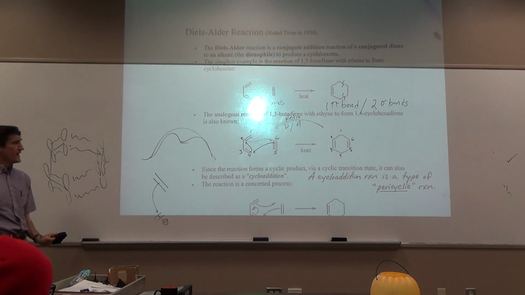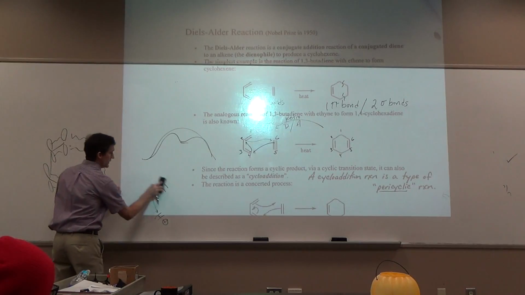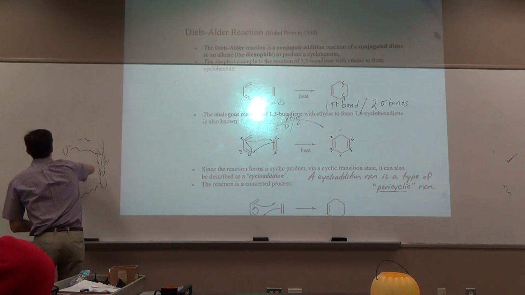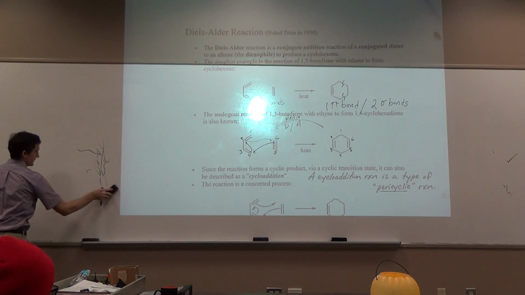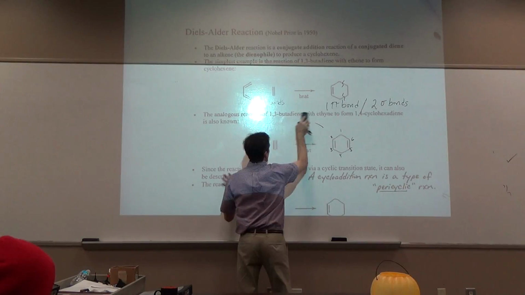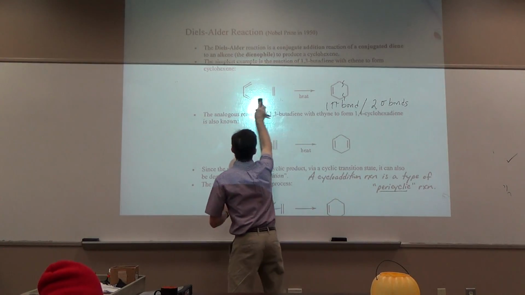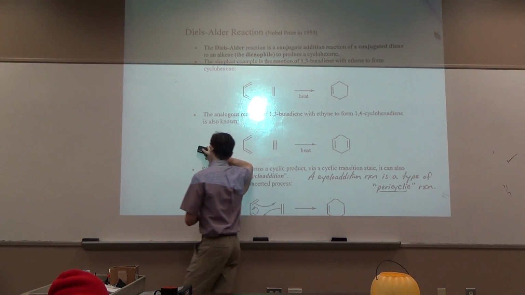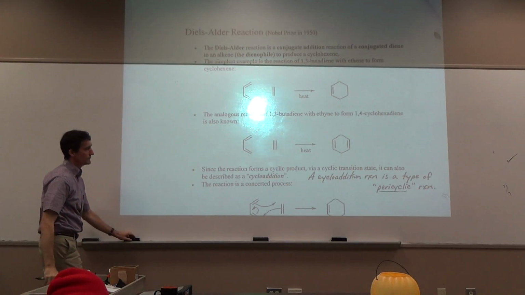Typically, to overcome that, a lot of times you do need heat for Diels Alder to overcome the lack of entropic favorability. So what we did there is no different than how you would assess any reaction that we've done before.